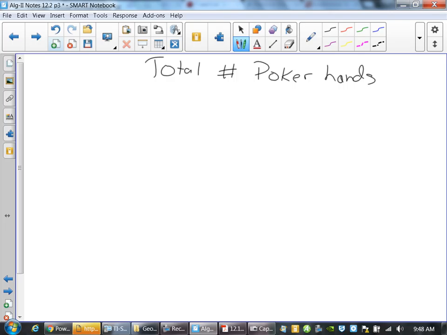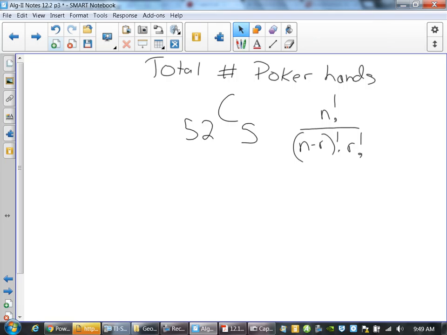How many cards are there? 52, and how many are we choosing? So you get this formula. And that's the other button on your calculator. You have the nPr, and this is the nCr, where order doesn't matter. The long form of that would be n factorial over n minus r factorial, and I think it's times another r factorial. The calculator does all of this for you. So, who's got a calculator handy?